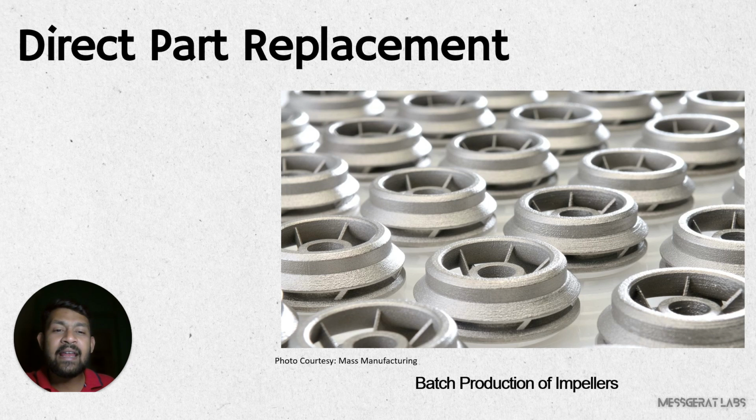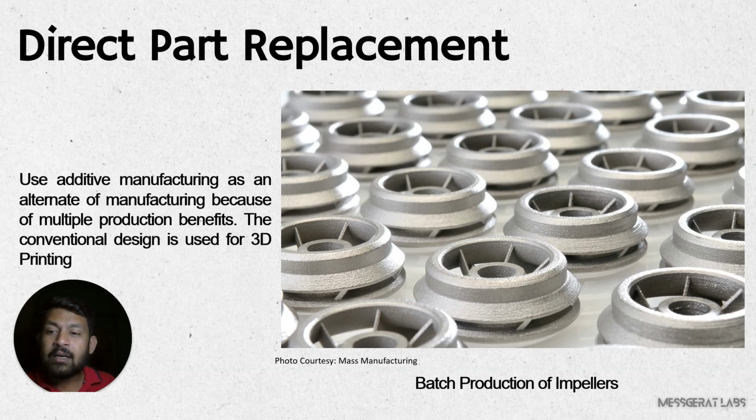Now, I told you about direct part replacement. Here, if you see, there are certain impellers. These impellers are conventionally manufactured through casting, but using additive manufacturing, these impellers can be printed in very little time. These impellers require a particular mold, which is very complex when they are made the conventional way, which is casting.